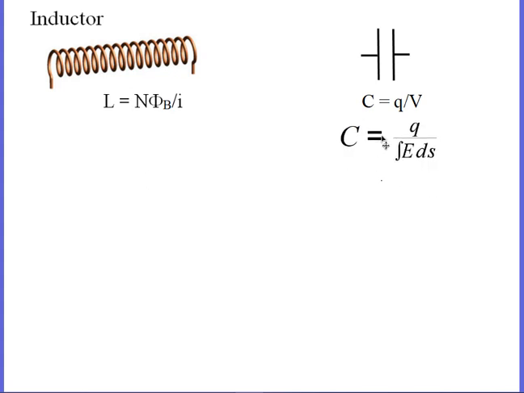As I said before, in the case of the capacitor, we moved from voltage to this statement about field, and ultimately got the value to go away. Similarly, we can state this flux in terms of field.